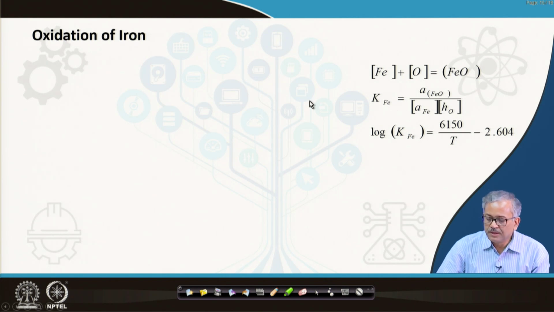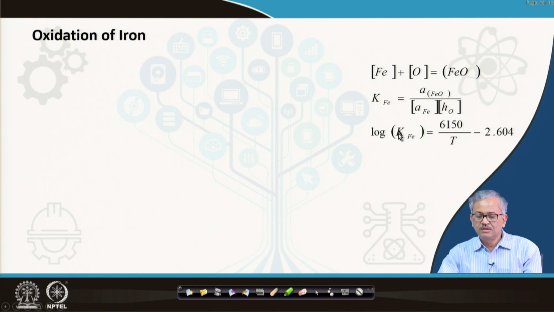Now from this equation we can calculate the equilibrium constant at a particular temperature, and then I can calculate h_O, the activity of dissolved oxygen on the Henrian scale. h_O becomes w_O if Henry's law is valid up to 100%, right?